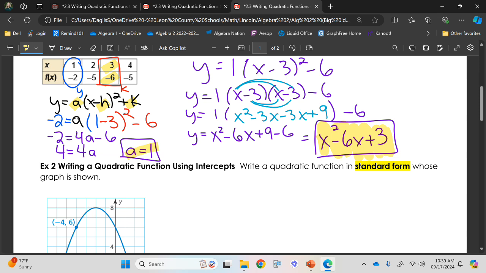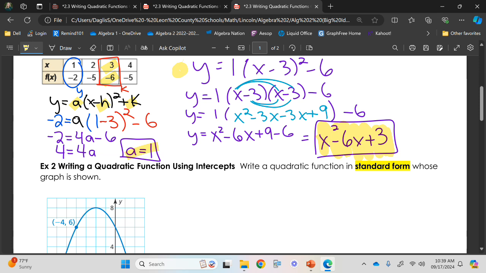There is a way to check that you've done it right. You can graph the vertex form up here. You can graph this guy. Ooh, there we go. We can graph this one and our standard form on the calculator at the same time because they should be the same parabola. So if you graph them both and get two different parabolas, then you did something wrong because they should be the exact same thing.